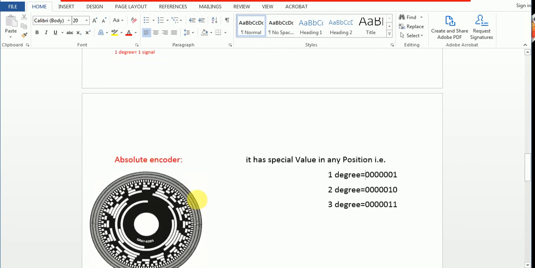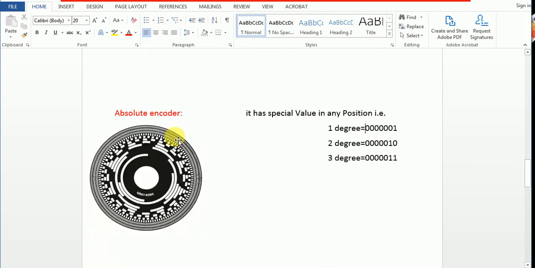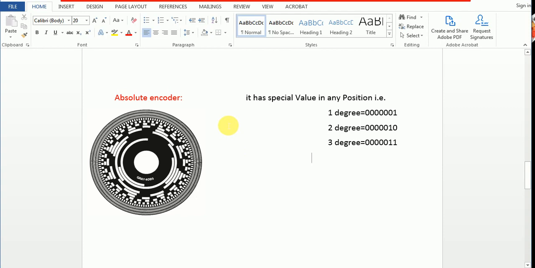But in the absolute encoder this is not possible, because every position has a specific value. For example, at this position your PLC loses power, and when the power comes back on, it gives the same value because it has a specific value. So mostly the absolute encoder is used where there is risk and a high safety requirement.